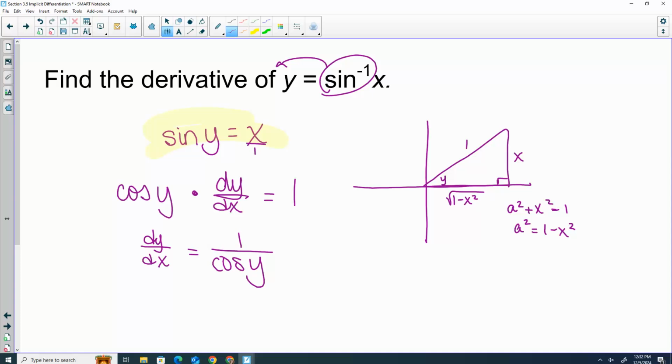It can't be negative. Sine inverse, if you remember back in trig, exists in quadrants 1 and 4. Both of those it would be positive.